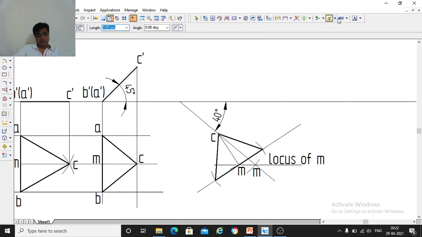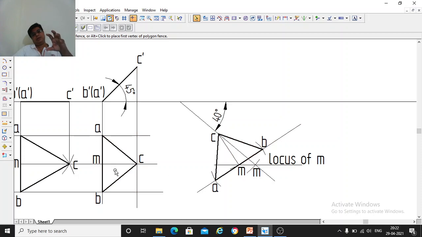So this is A, this is B. So this triangle now, AMBC, it is here now, AMBC, this triangle.